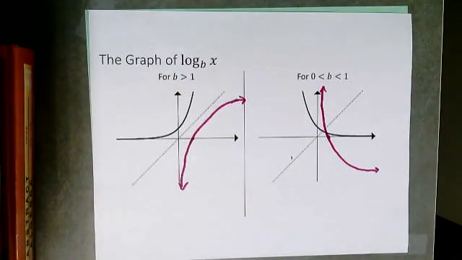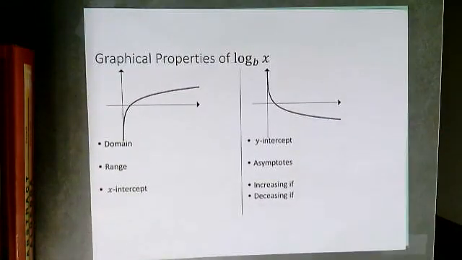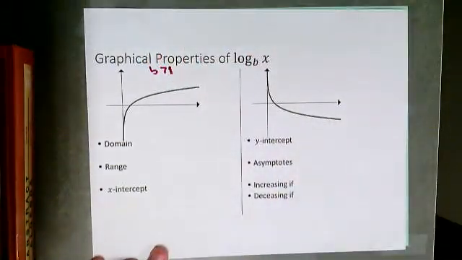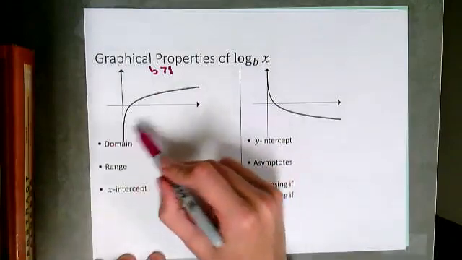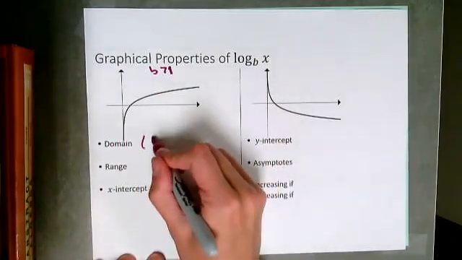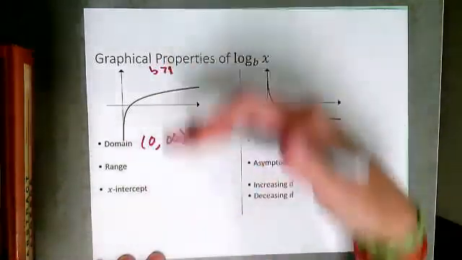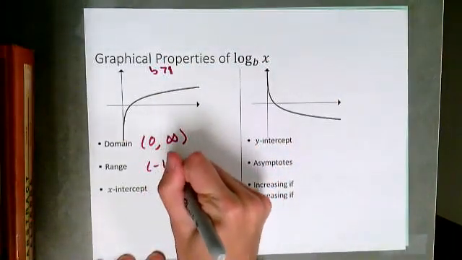Okay. So now let's go on to some properties of the graph of log base b of x. So the domain, range, x-intercepts, and other things. So this again is for when b is bigger than 1. Our domain goes from 0 to infinity, not including 0. Range, it goes everywhere, negative infinity to infinity.